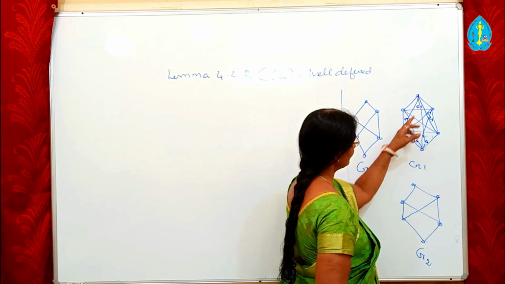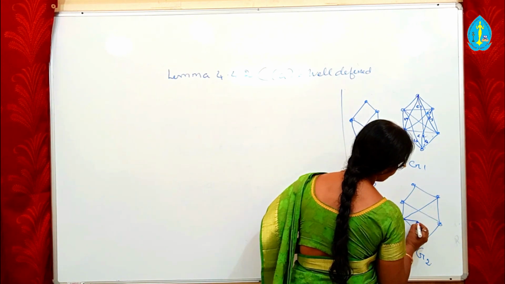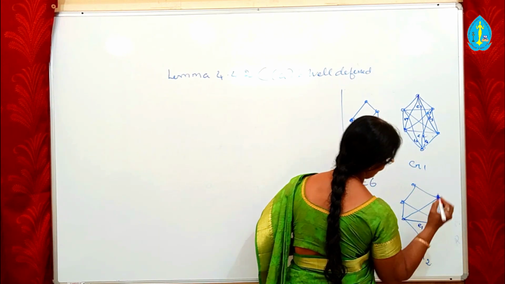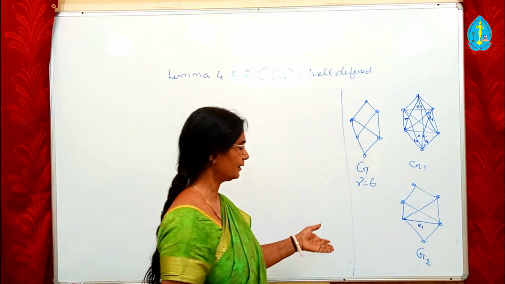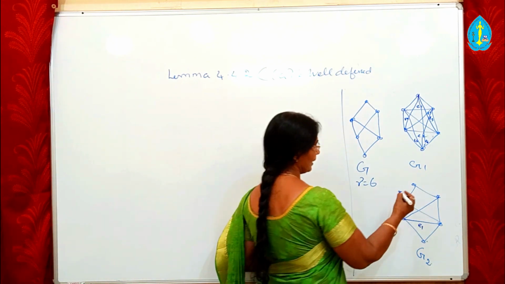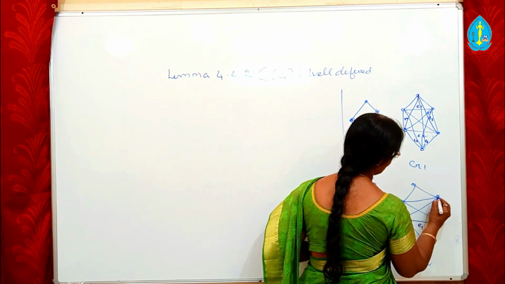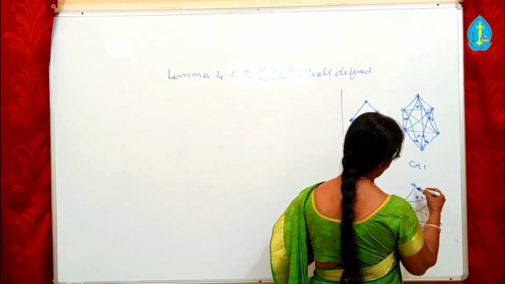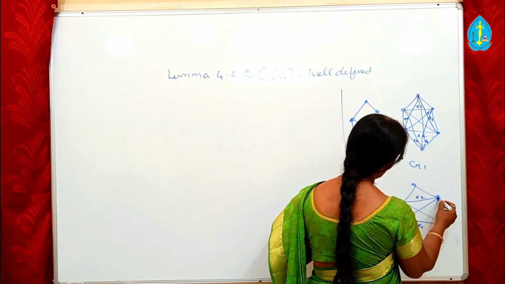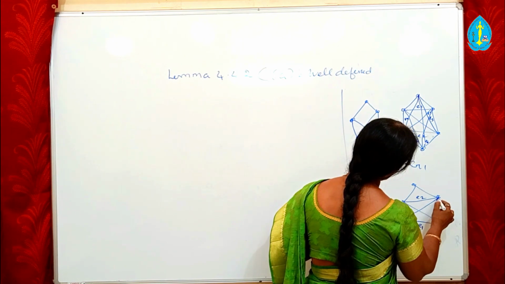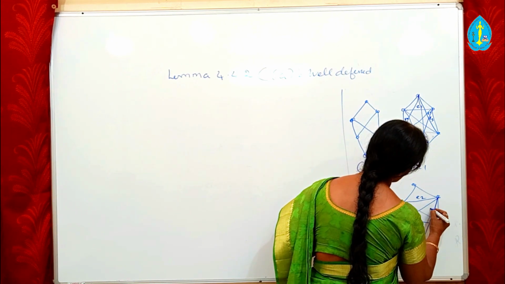Now, first here I joined the edge E1. Instead of joining E1, here I take this as E1. We can join this edge first. And second I join this edge E2. And after E2, that is 4 plus 2, therefore this is E3.